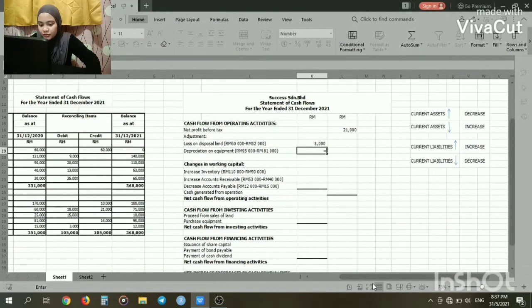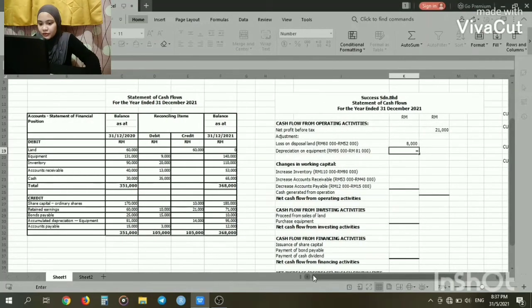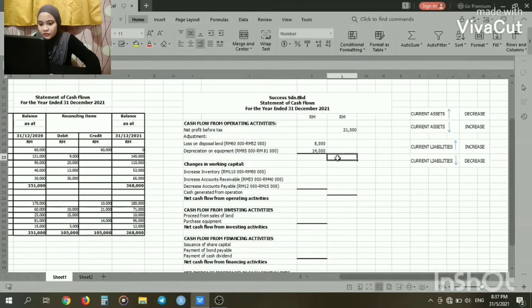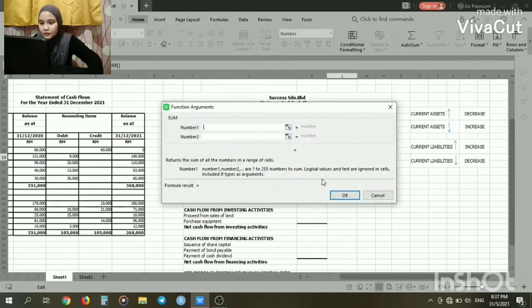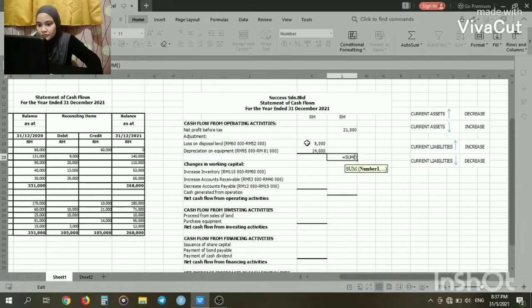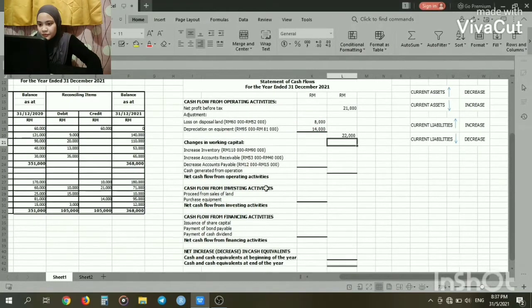For depreciation on equipment, we just need to copy the amount here. Alright, and we sum up the total of adjustments, and we get 22,000 for adjustments.